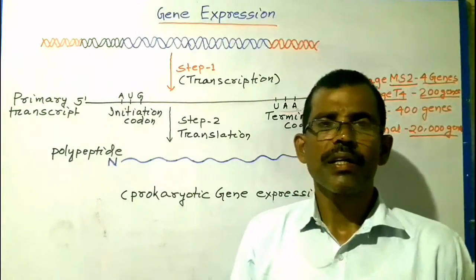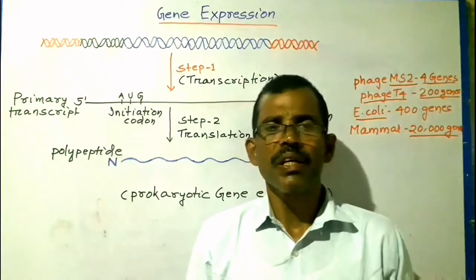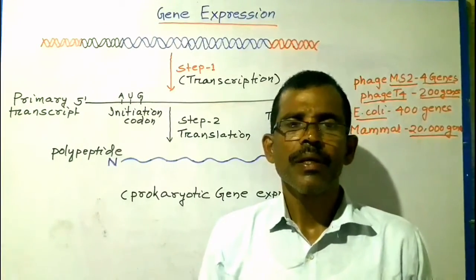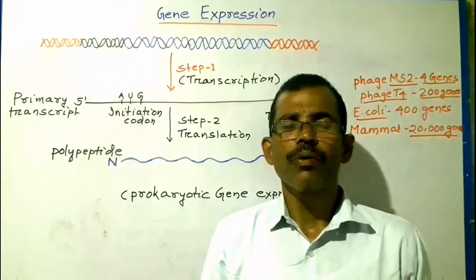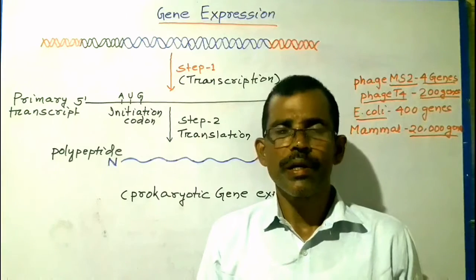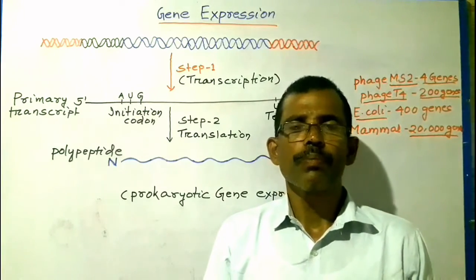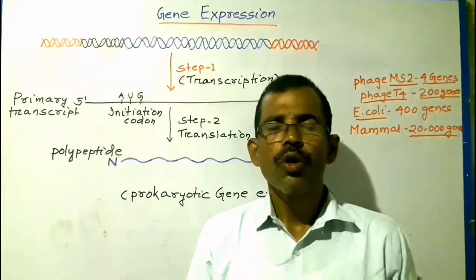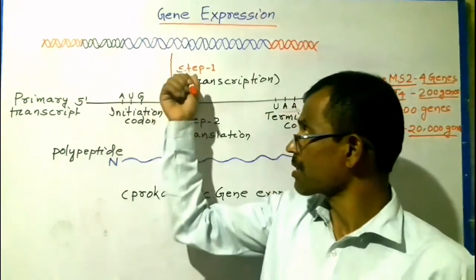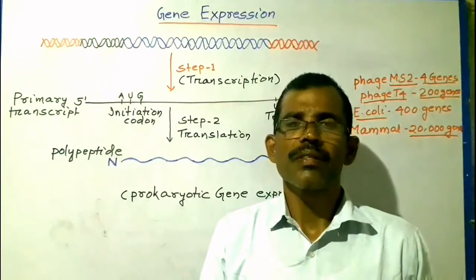All of you know that in prokaryotes, a true membrane-bound nucleus is absent. The genetic material is found in a localized area known as the nucleoid. Because there is no membrane-bound nucleus in prokaryotes, both transcription and translation occur in the cytoplasm.